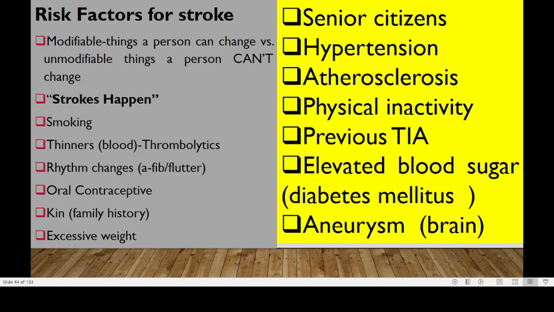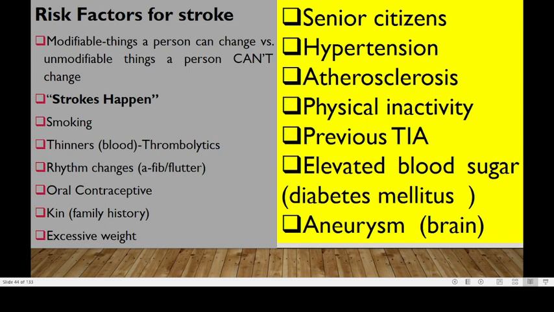Okay, so we could use STROKE HAPPEN as a mnemonic to remind us of all the risk factors, starting with smoking, use of blood thinners, the thrombolytics, the rhythm changes, AFib and flutter, oral contraceptive, family history, excessive weight, senior citizen or age, hypertension, atherosclerosis, physical inactivity.